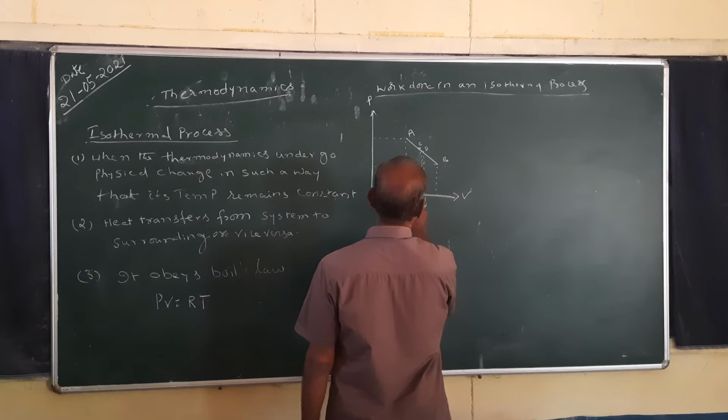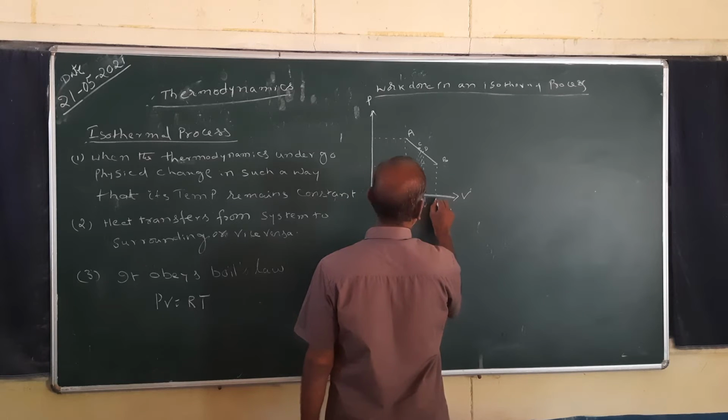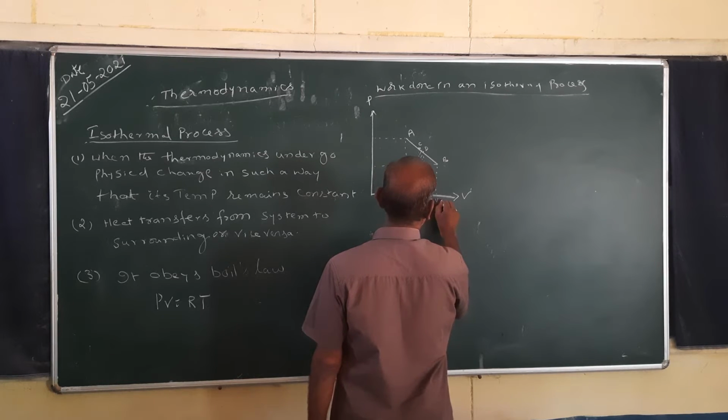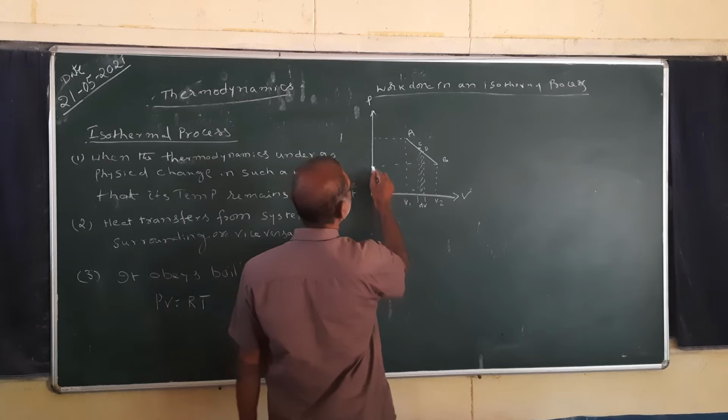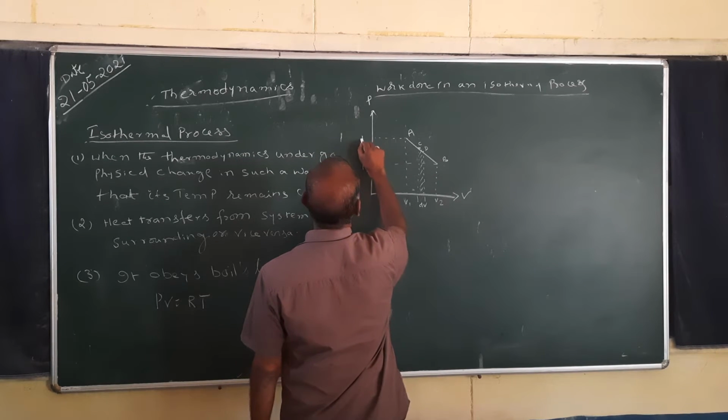These are the points V1 and V2. This is P2 and P1.